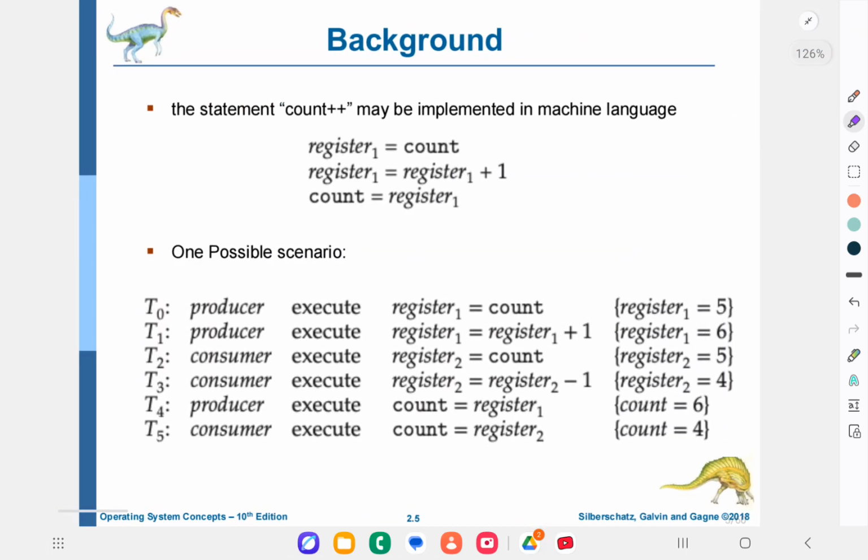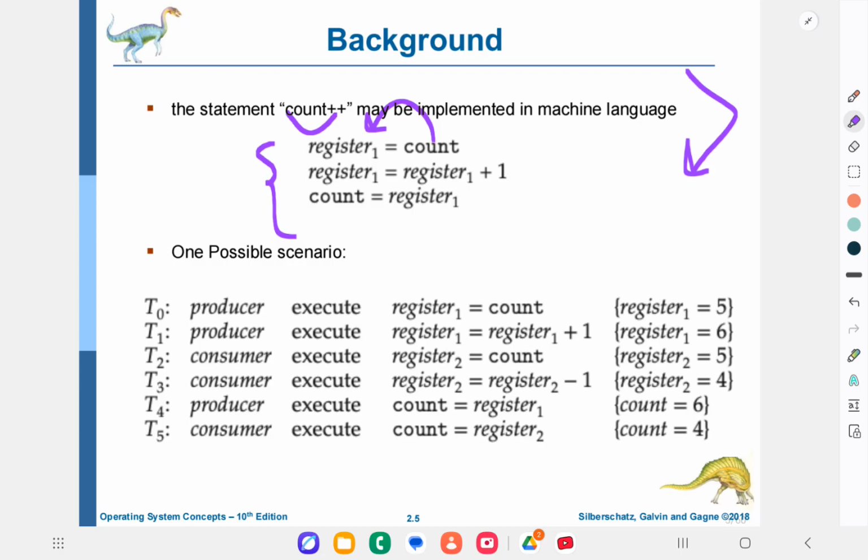Now let's take a look at this simple incrementing operation. If we look in low-level language, or machine language, or assembly, the simple count plus plus, or increment, actually consists of three elementary tasks. We save the value of the counter in a register called register 1.